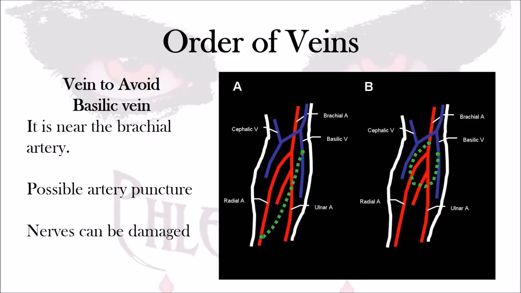Also, there are nerves that run parallel with the basilic vein that, if we're not careful, we might nick or hit with a needle, which can cause nerve damage. So we have a possible high risk of arterial puncture and also hitting a nerve or doing nerve damage while trying to access blood from the basilic vein. So again, the basilic vein should always be attempted last when all other veins are not accessible for venipuncture.